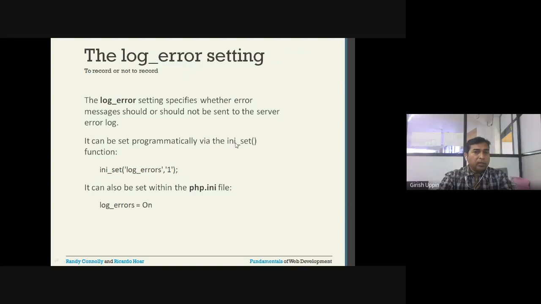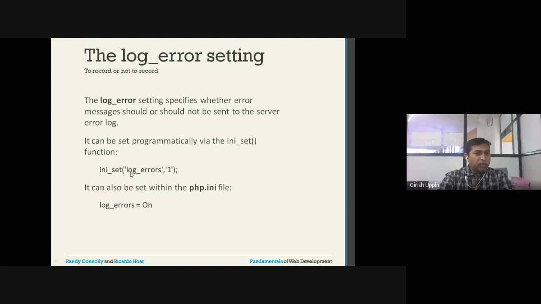Then third one is the log_errors setting. Similar to the other flags, it can be either set programmatically or it can be set in the php.ini. Programmatically, you call the method ini_set.